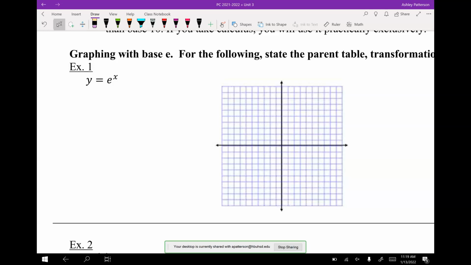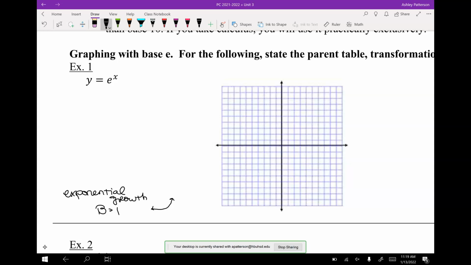So this represents exponential growth simply because the base is greater than 1. So why does this matter? Because we know that when graphing, it's going to increase from left to right. It's going to give us exponential growth.